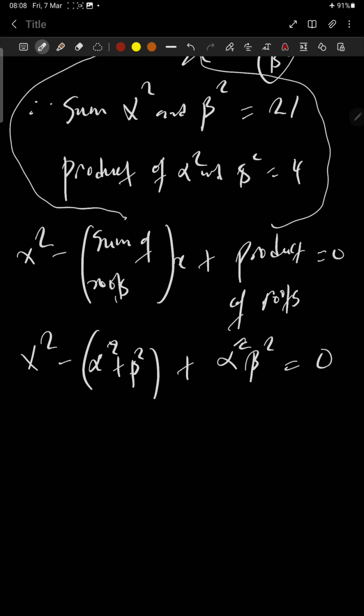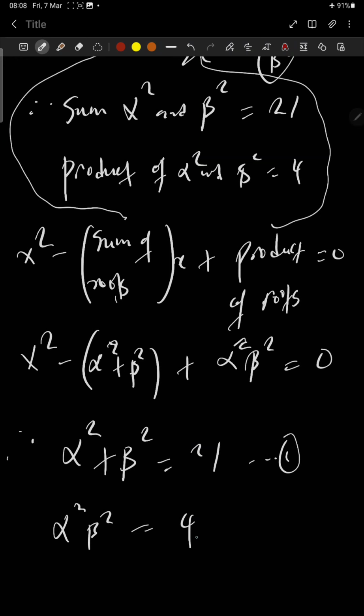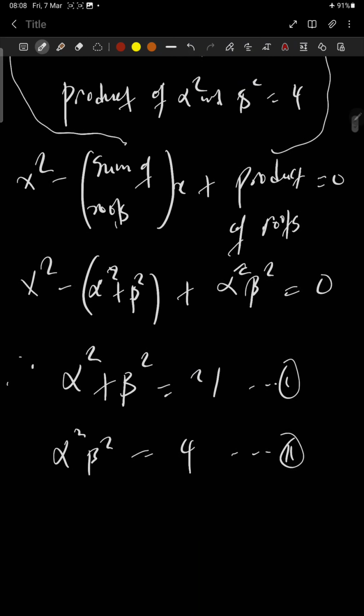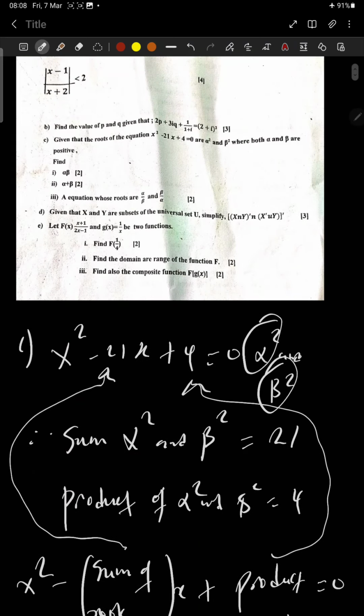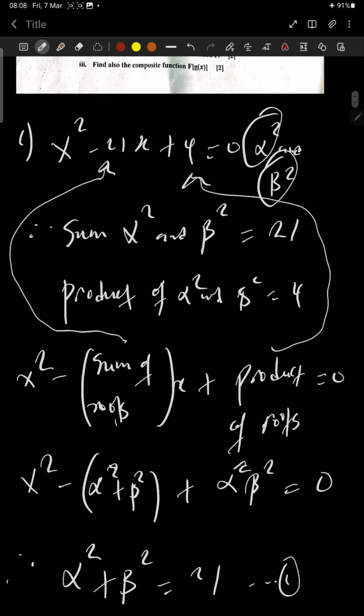So now let's find, I'm going to form two equations here. Alpha squared plus beta squared will be equal to 21. That's equation 1. And alpha squared beta squared will be equal to 4. That's equation 2. Now what we've been taught to find is alpha beta.